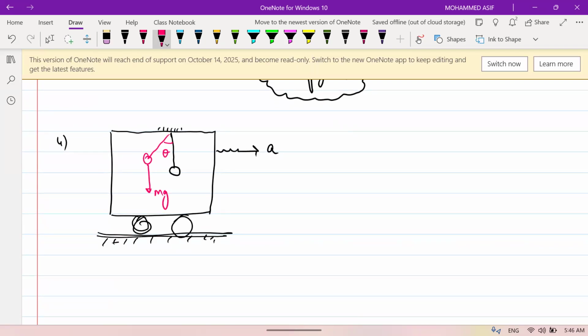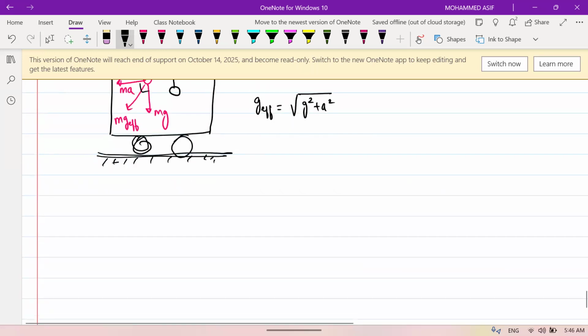One is mg in the downward direction and pseudo force in this direction. Net will be equal to M into G effective in this direction, which is balancing the tension in the string. Okay. So then G effective will be equal to how much? G effective will be equal to under root of G square plus A square, because the angle between these two forces is how much? 90 degrees, isn't it?